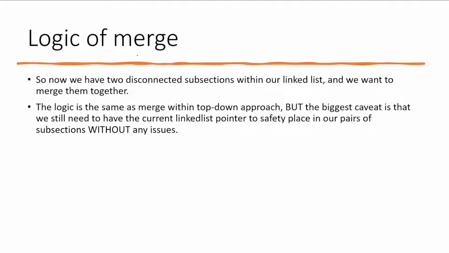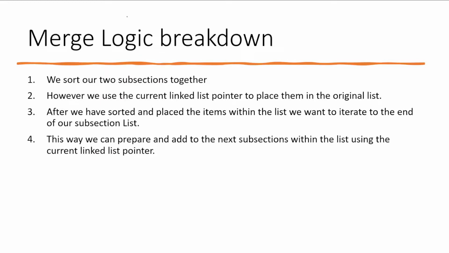Because they are completely separated from the list, we need to have that current linked list pointer that's pointing to the current location within the list to be able to place them back in without any issues. The merge logic breakdown then is separated into these sequences of actions.